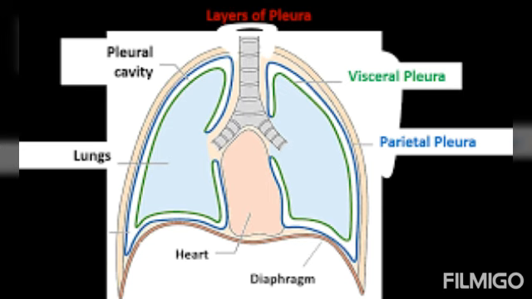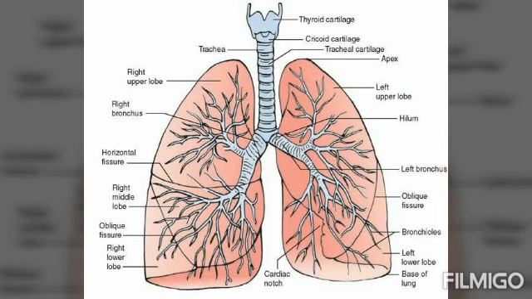The trachea bifurcates into two, entering into the two lungs. There are several divisions of the bronchi within each lobe of the lung. First are the lobar bronchi. These lobar bronchi are 3 in the right lung and 2 in the left lung.